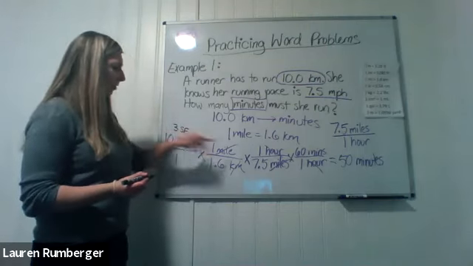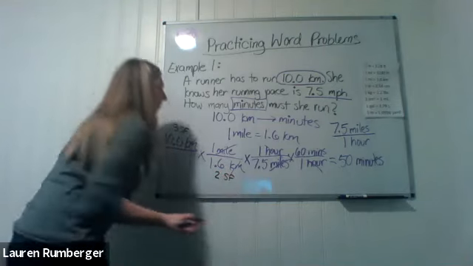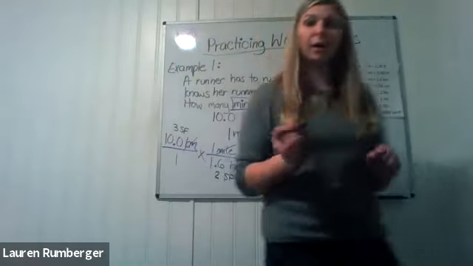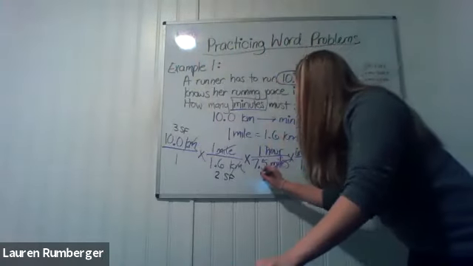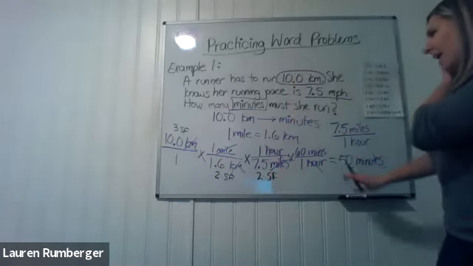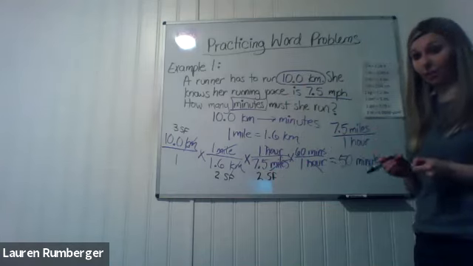1.6 kilometers per mile, this is 2 significant figures. 7.5 miles per hour, 7.5 is 2 significant figures. And then 60 minutes in an hour, this is an exact value.